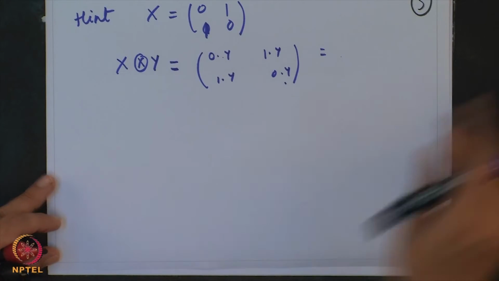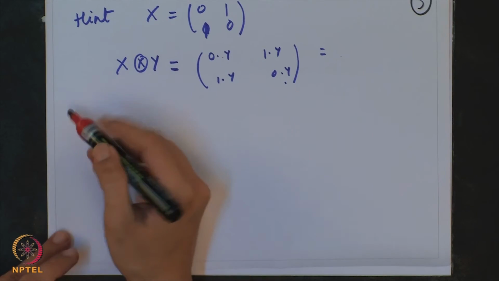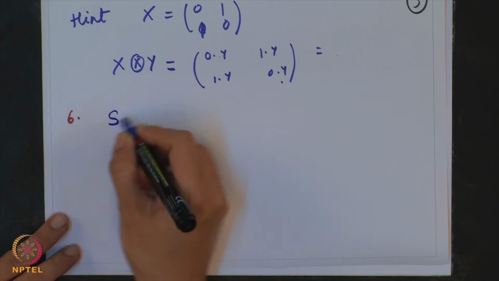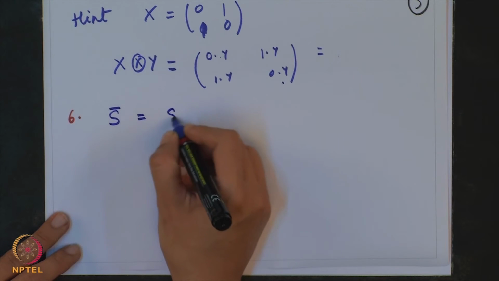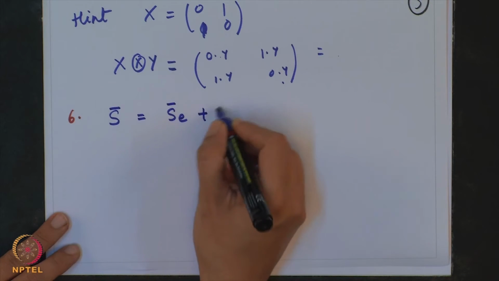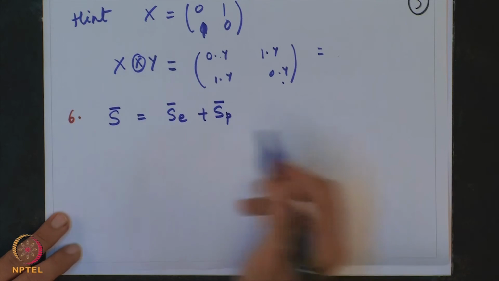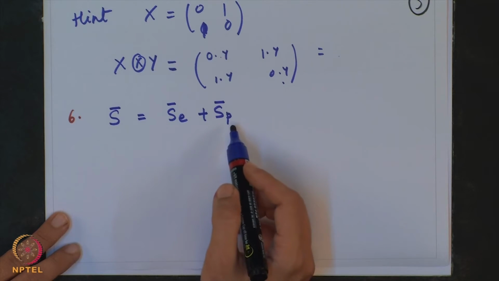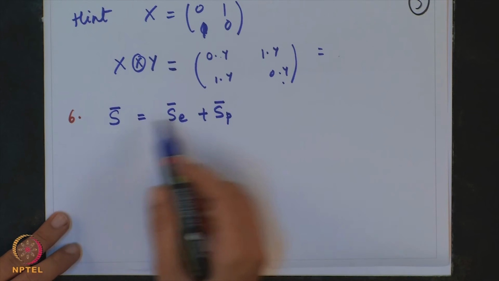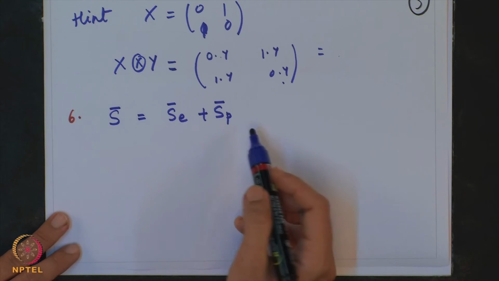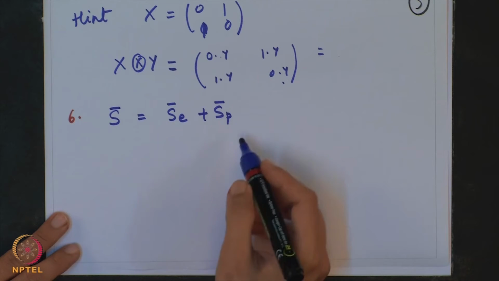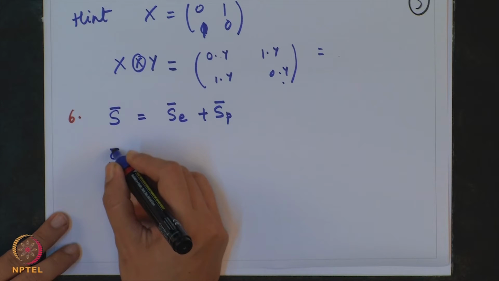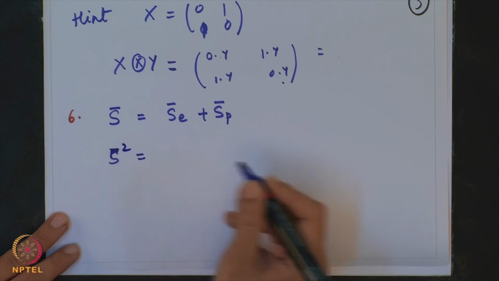In the next step, that is the 6th point, you have to evaluate S. But what is S? S is the total spin of the electron and positron system such that S is Se plus Sp. So, once you know this, you can evaluate S. You have to sum over these two quantities which we just now evaluated, and then you can calculate the value of S square also.